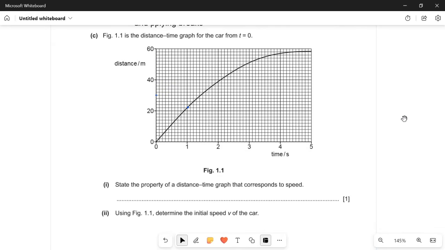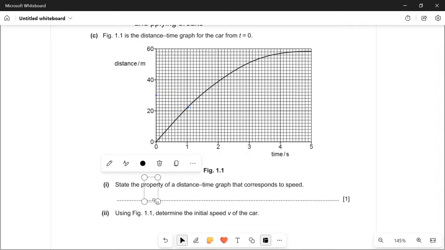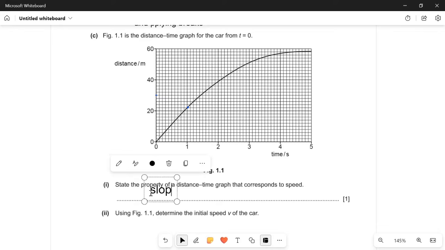So what this question is asking us is, from the distance time graph, what is the speed? To find the speed, we just have to find the slope or the gradient. So we can just write slope, or gradient.